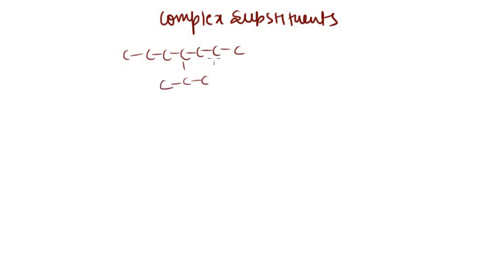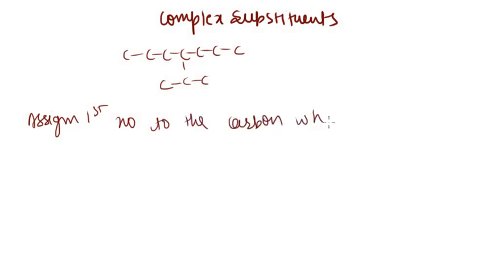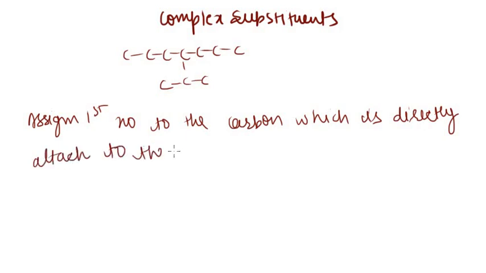So how do we name them? What is the rule? Assign the first number to the carbon which is directly attached to the main chain.